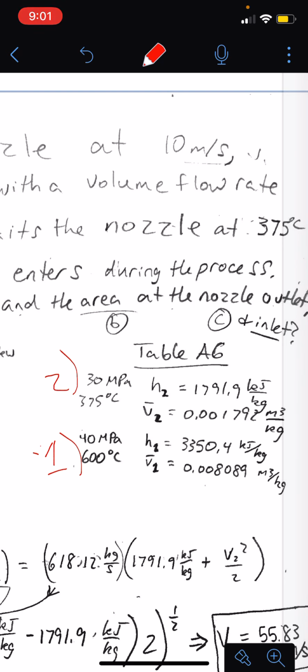And at the outlet, which is 30 megapascal, 375 degrees Celsius, specific volume is 0.001792 meters cubed per kilogram, and specific enthalpy is 1791.9 kilojoules per kilogram.